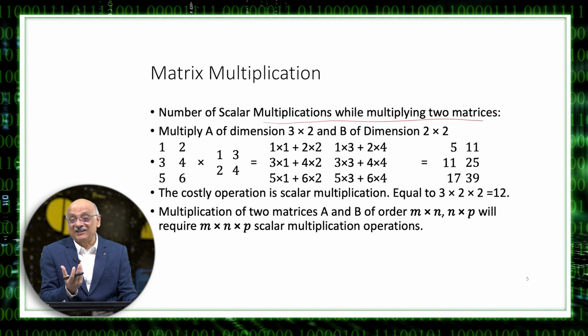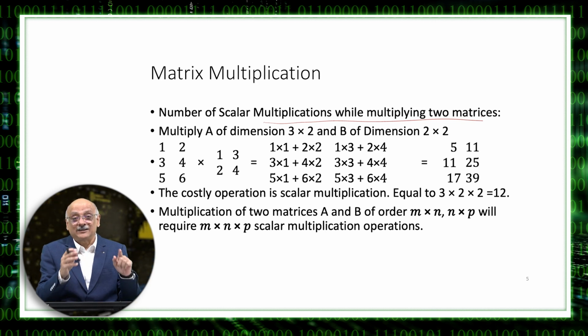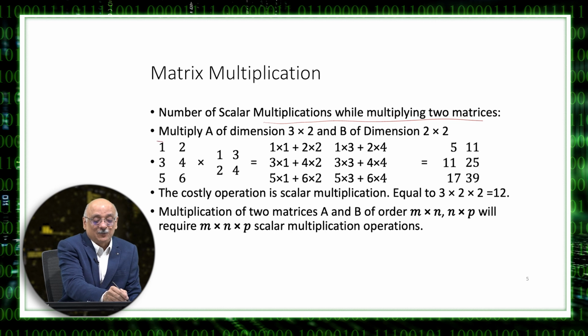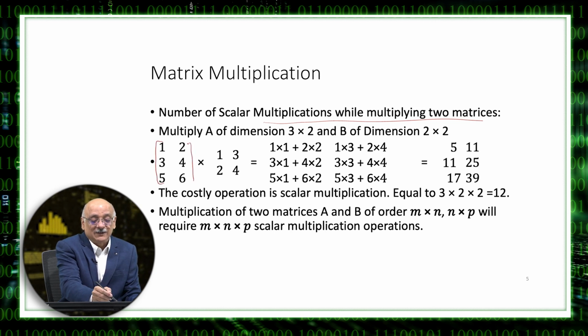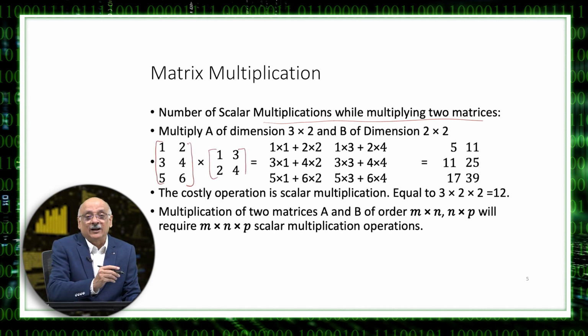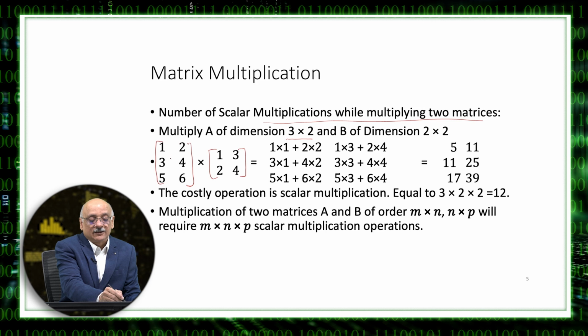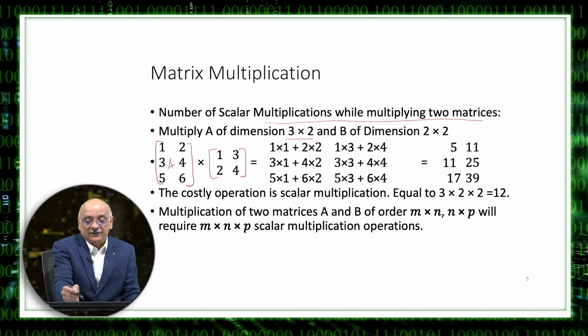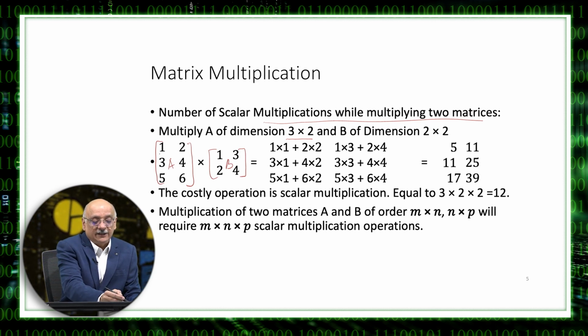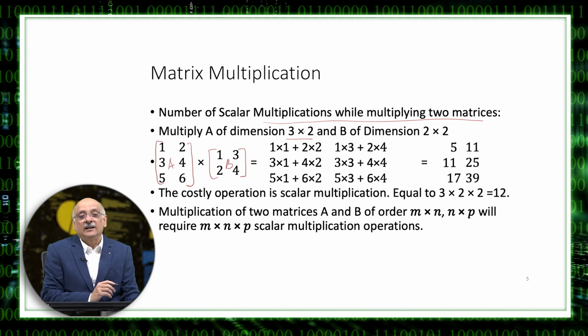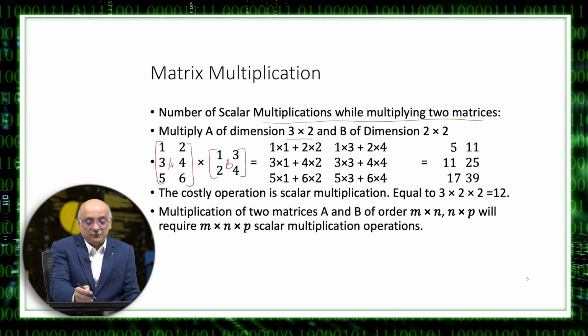A matrix is basically a group of scalar values. So these are my two matrices. A is of size 3 cross 2, since it has 3 rows and 2 columns. And my matrix B is of order 2 cross 2, so 2 rows and 2 columns.